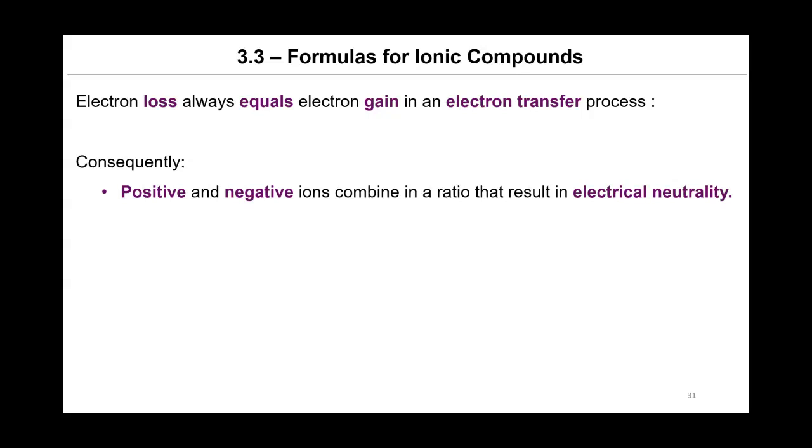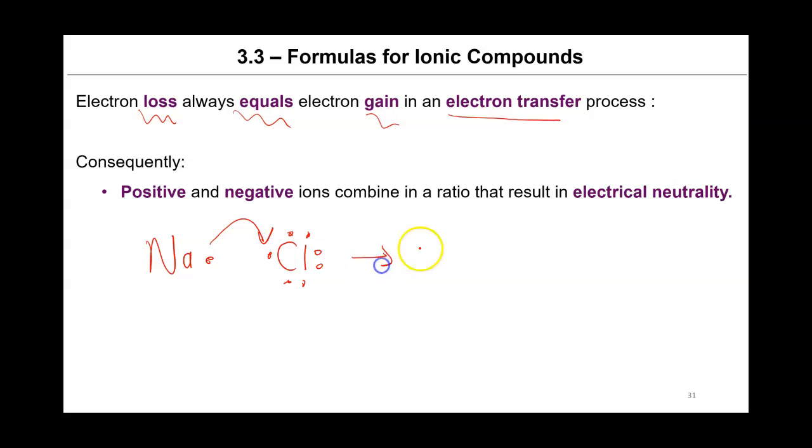So back to section 3.3, we want to recognize that electron loss always equals electron gain in an electron transfer process. So if we begin with a neutral set of atoms, after electron transfer, we must end up with an electrically neutral ionic compound.